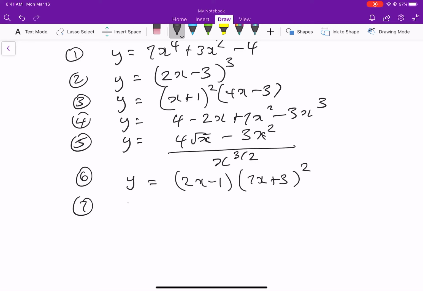Try another one. Let me see how you're going to deal with this. y is equal to 1 plus t plus t squared all upon 2t.